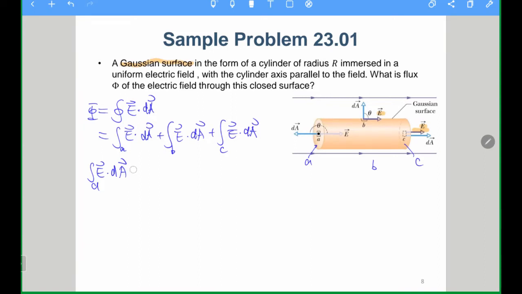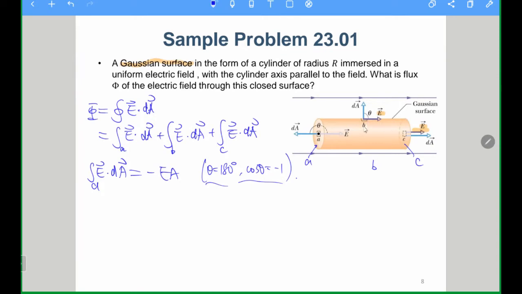As E is uniform over the whole surface A, E dot dA is negative EA, because here theta is 180 degrees, so cosine of theta is -1. This is the reason.